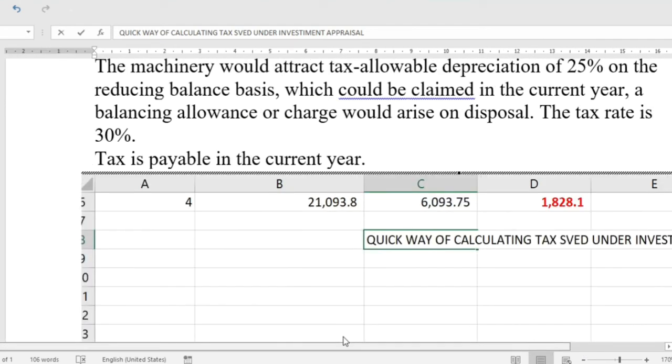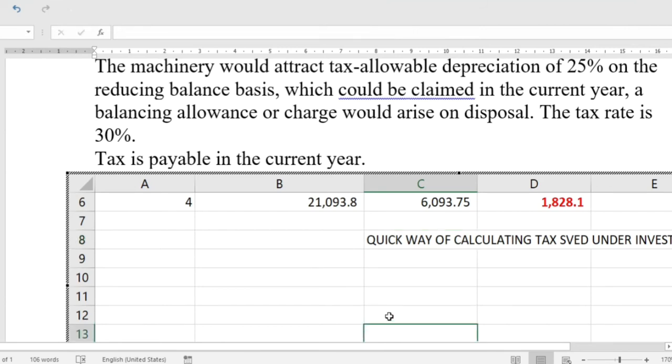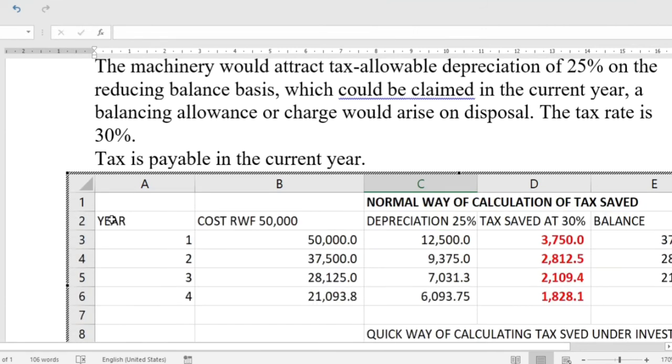I'm going to copy and paste this formula.